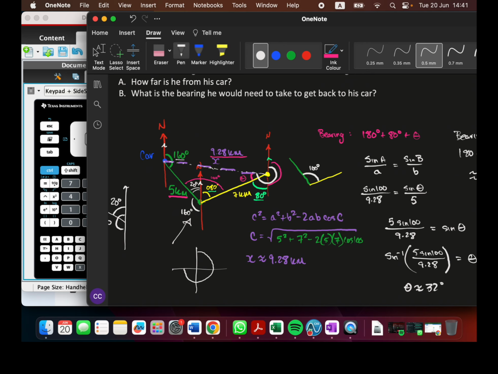Again, my diagram isn't hyper accurate. I've fudged the angles. But that's the general process. And I think if you can do that, you're going to be just great.